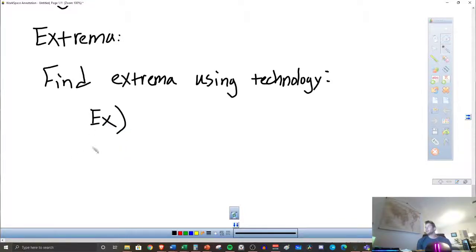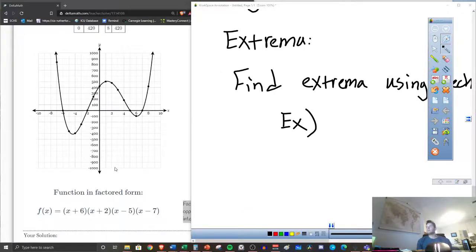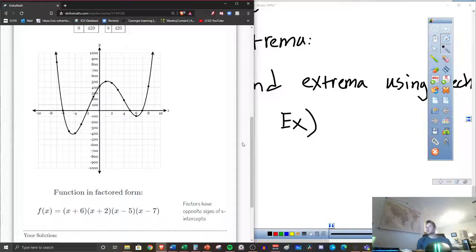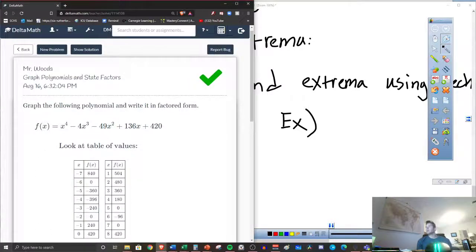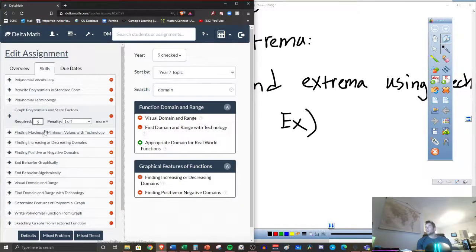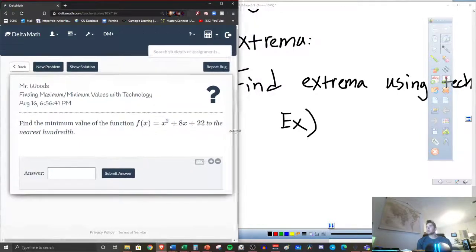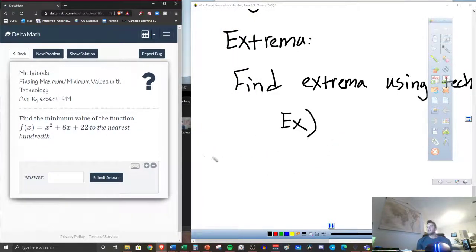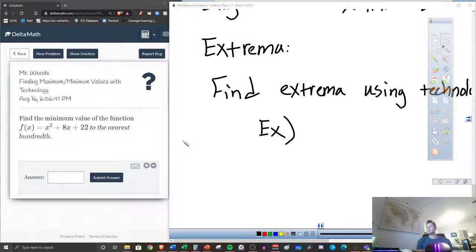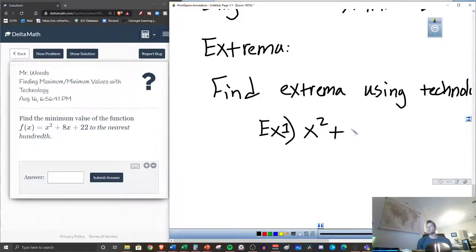Example, first off, I'm going to pull up Delta Math again. Over here, I'm going to go to finding maximum minimum. Here's our example, example 1. We have x squared plus 8x plus 22.